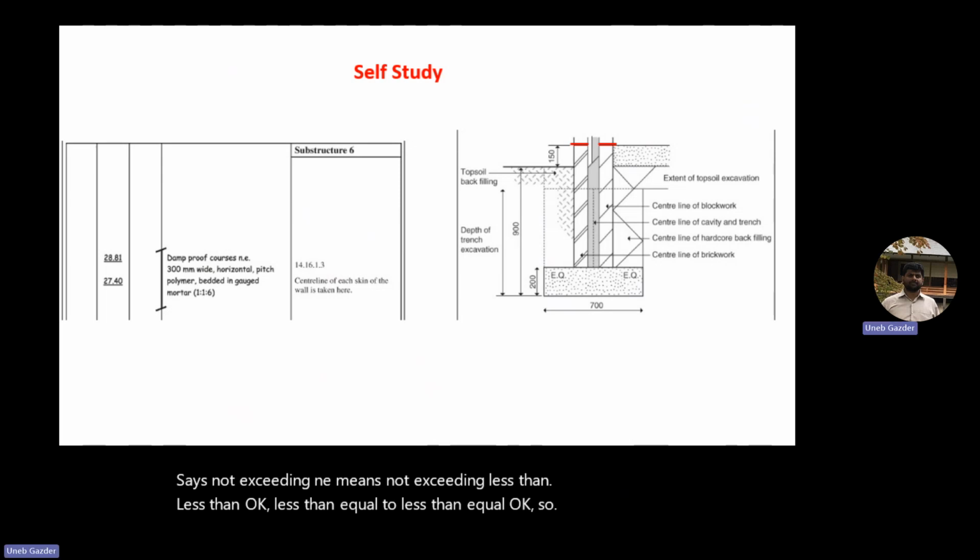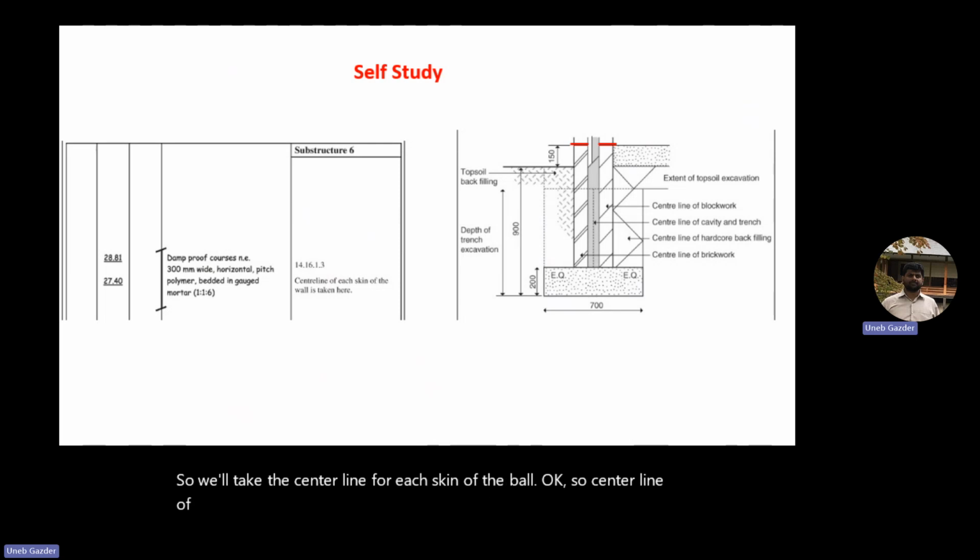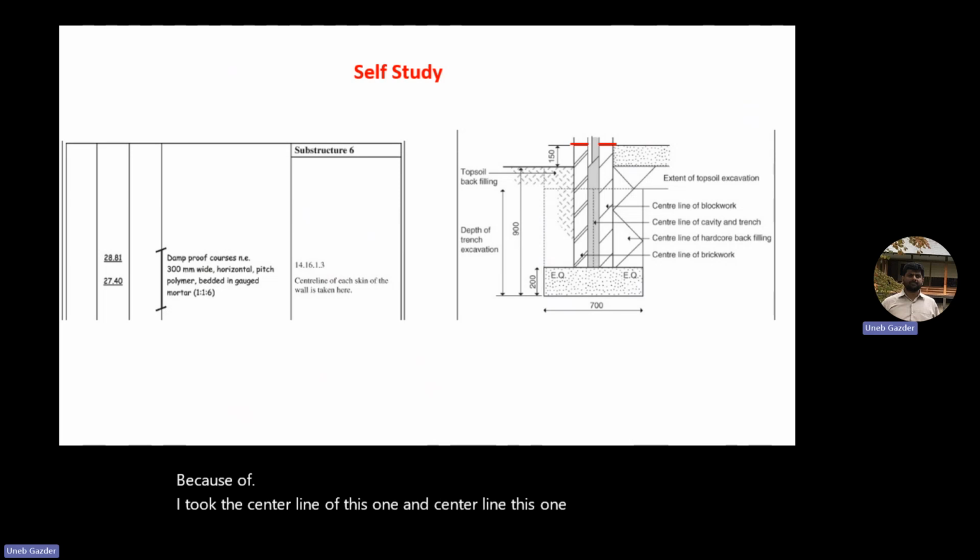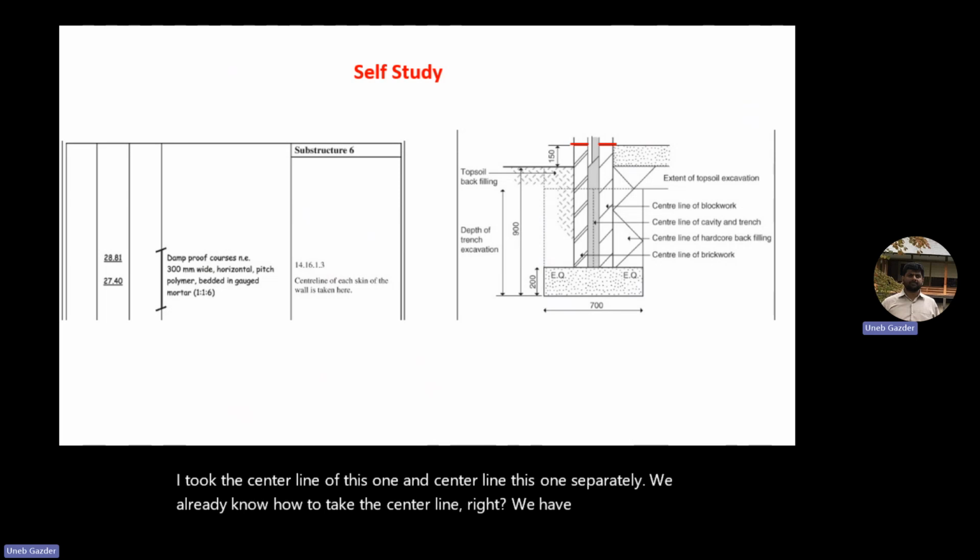So we'll take the center line for each skin of the wall. Center line of this and center line of this taken separately. Why separately? We already know how to take the center line, right? We have done it earlier. Why am I taking this one and this one separately?